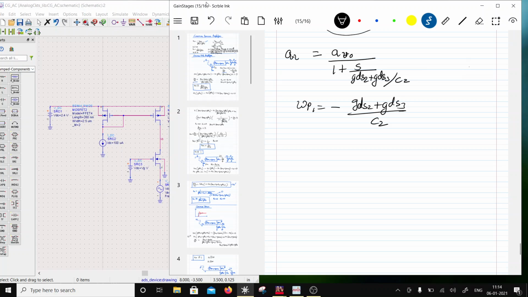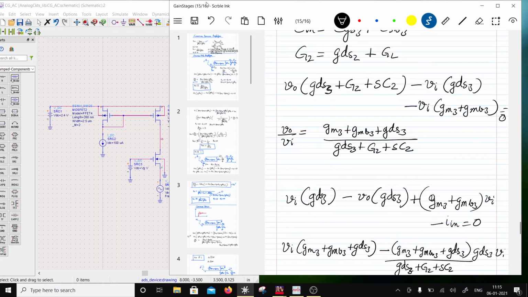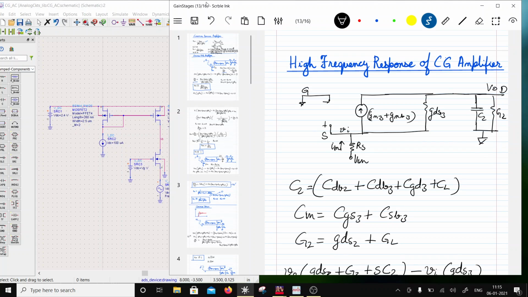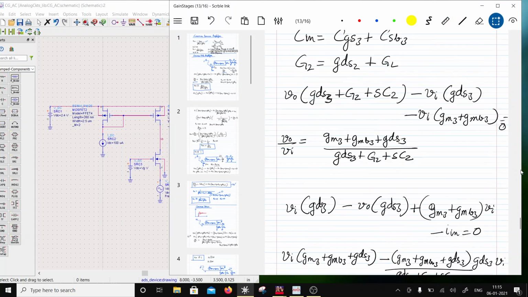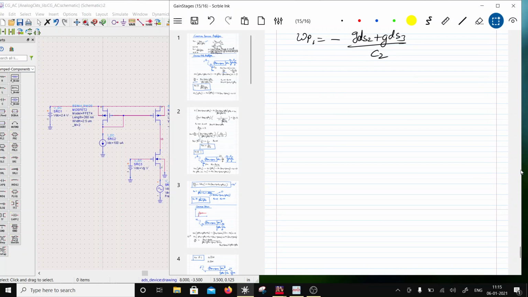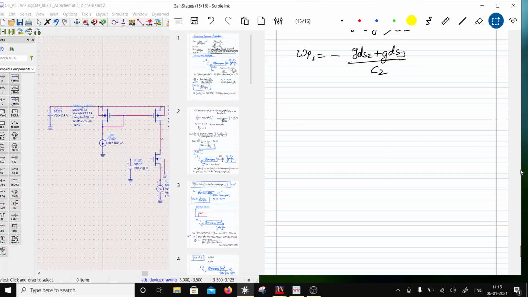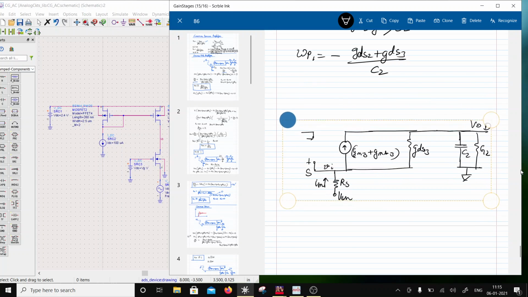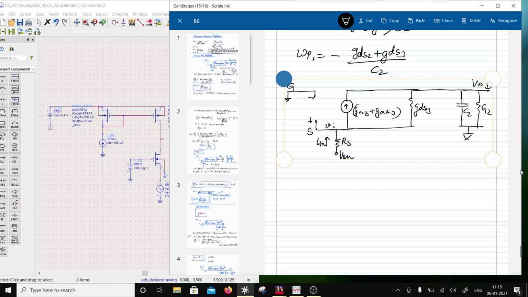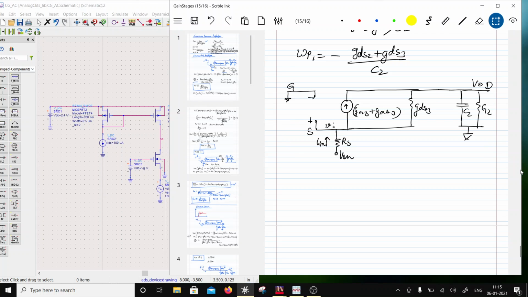In that mathematical treatment, I would take this small signal model, and then I'll just copy this over here. Now in this I would introduce C1.